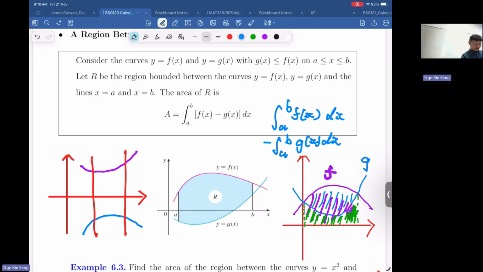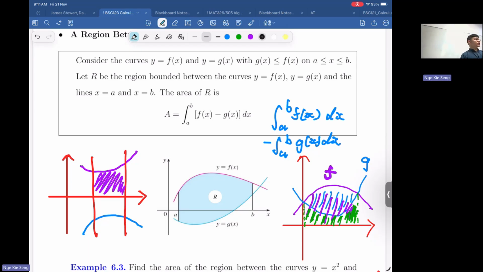I want to find this area in between these two graphs, bounded by these two vertical lines. So the claim is this formula also works. Why? Can you notice that actually this green region here splits into two parts? One part is above the x-axis and below f, and the other part is exactly below the x-axis and above g.